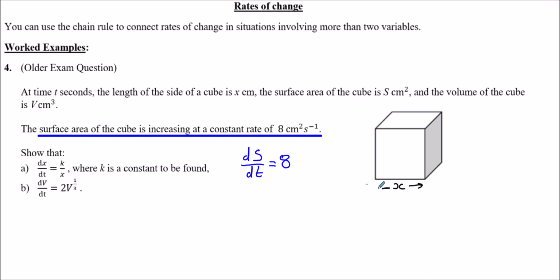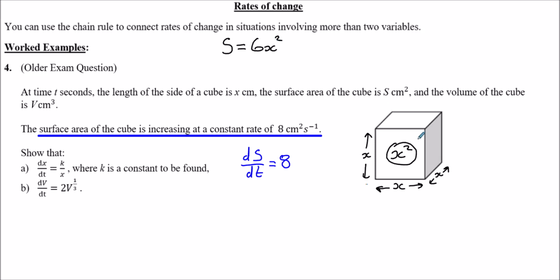If that's the case, then of course the height will be x and the depth will be x. So the surface area of the cube, S, is going to be each surface, which is going to be x squared multiplied by 6. So in other words, I can deduce that S is 6 lots of x squared, 6 faces, and each face has an area of x squared.